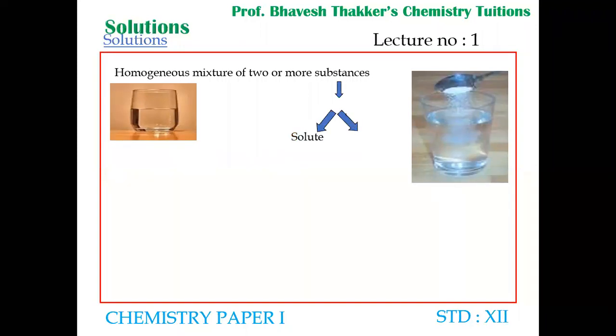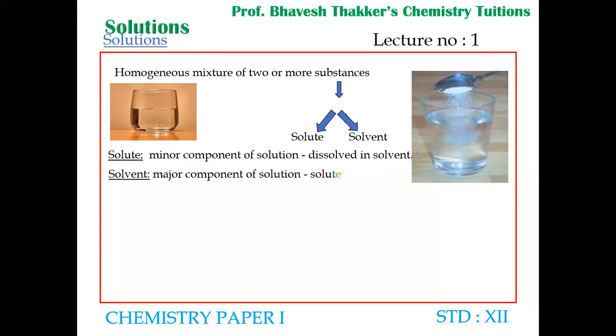So a solution is basically made up of two components, solute and solvent. Solute is generally the minor component of the solution which dissolves in the solvent, and solvent is the major component of the solution which dissolves the solute in it.